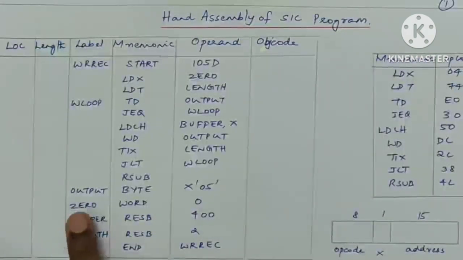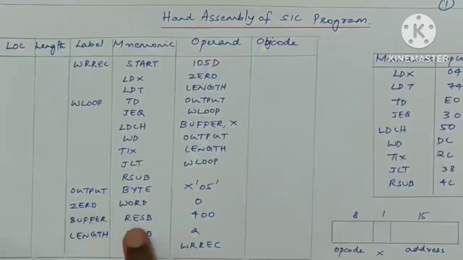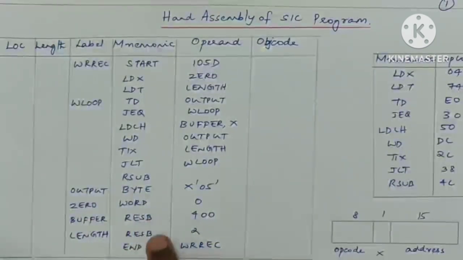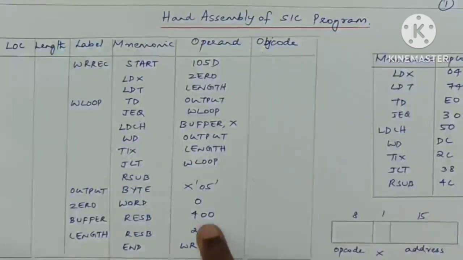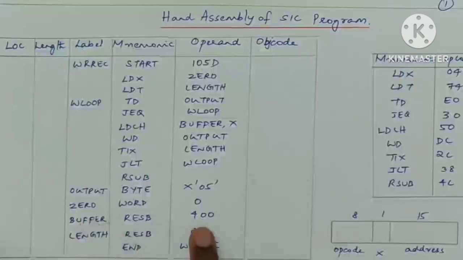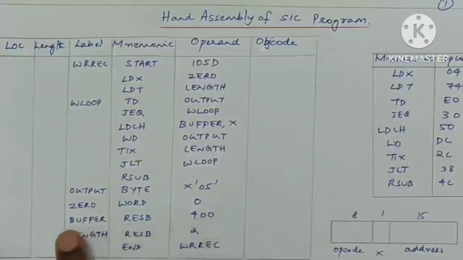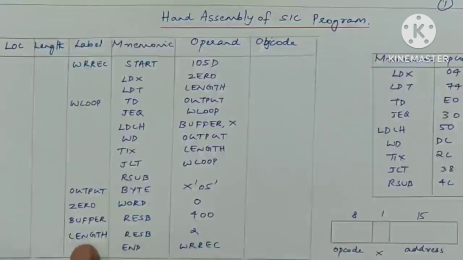RESB is used to reserve a specified number of bytes. So 400 bytes are reserved starting from the location labeled buffer, and 2 bytes are reserved starting from the location labeled length.